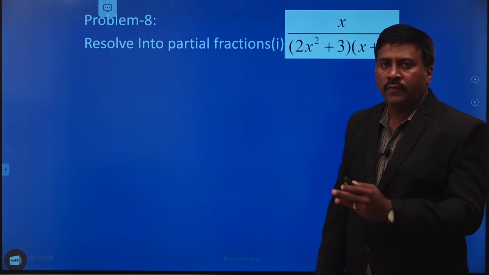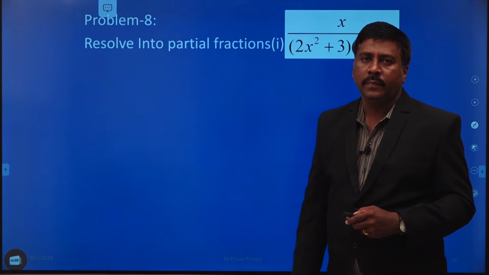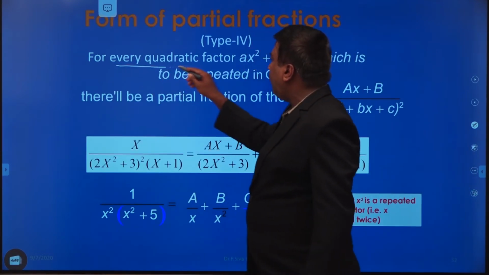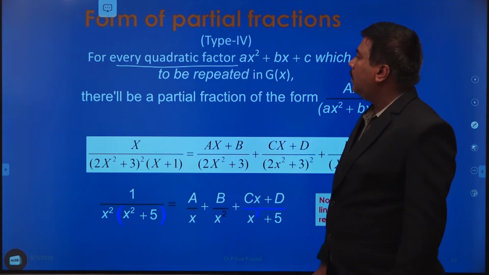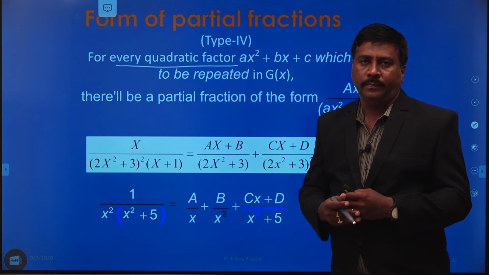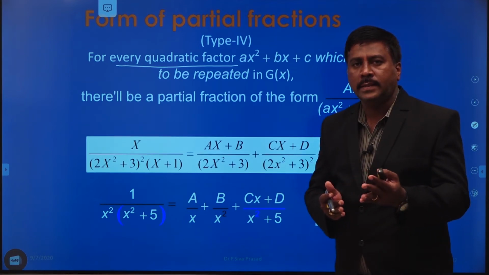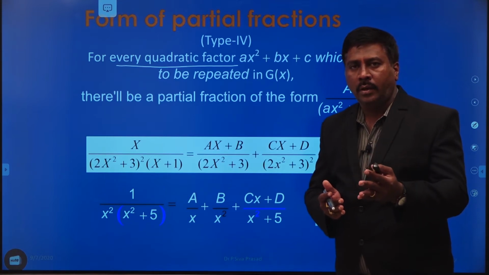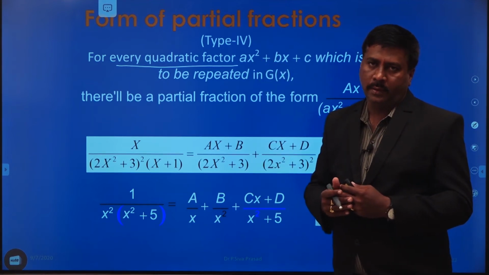Continuing this lecture, we discuss the concept of type 4. Here we have a quadratic factor, ax square plus bx plus c, which is repeated. The major difference between type 3 and type 4 is that in type 3 the quadratic form is non-repeated, whereas in type 4 the quadratic factor is repeated.